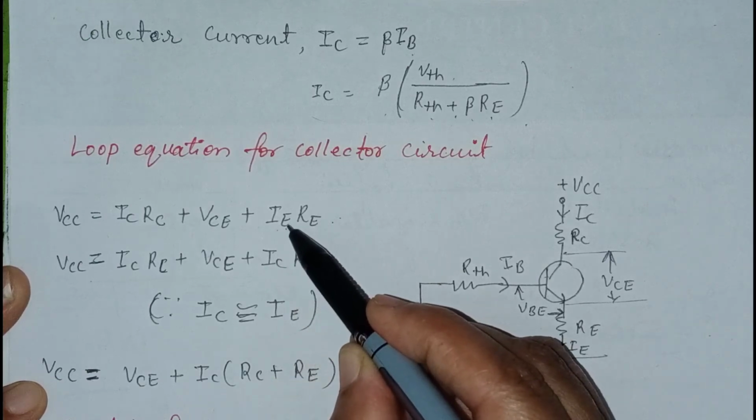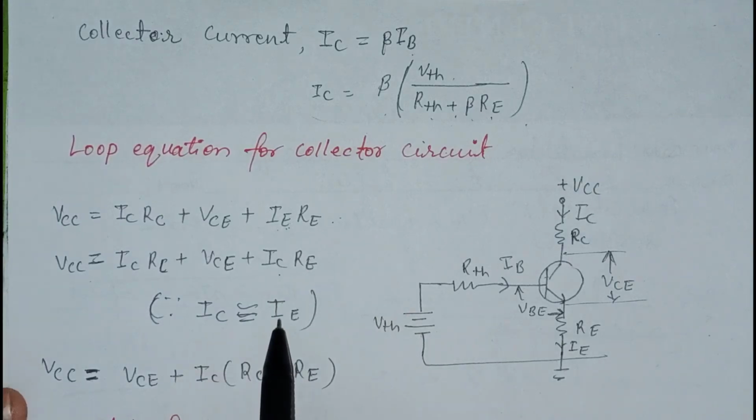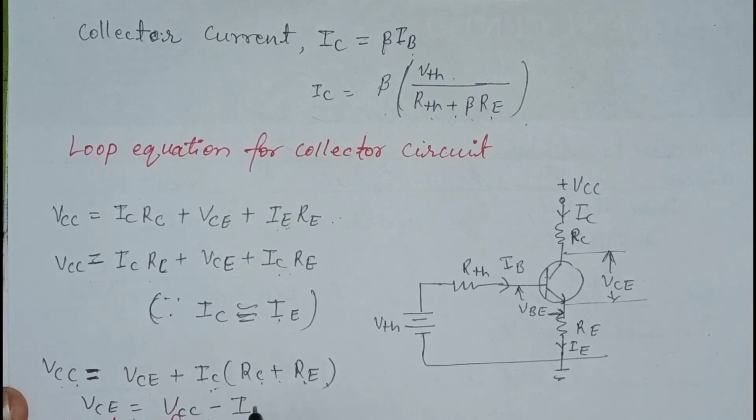So we will replace this IE with IC, as these are almost equal. Now the equation will be VCC equals VCE plus IC into RC plus RE. We have taken IC common from this term and this term. Now we can easily find out VCE. This VCE equals VCC minus IC times RC plus RE. So this is the equation for VCE.